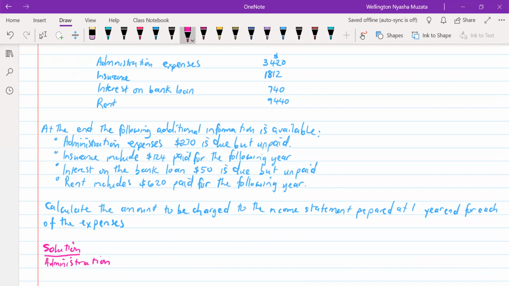We are told under the additional information that 270 of the administration expenses was due, yet it was not paid for. So we will end up writing 3,420 plus the $270 that had accrued but was not paid for.